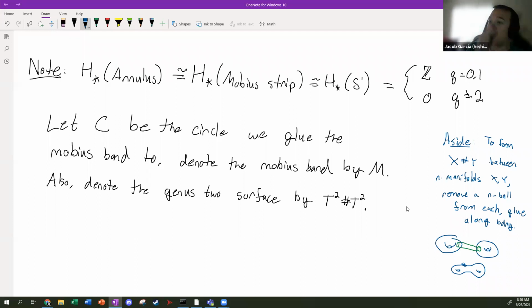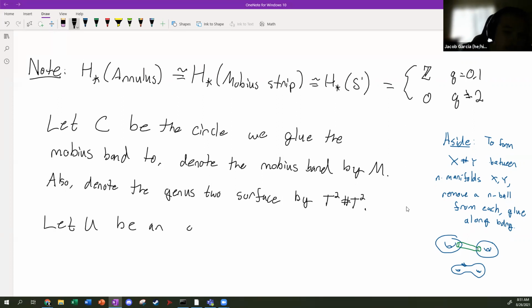Because if you stitch together two copies of RP2, you get something like 3 tori. So this is a pretty standard way to talk about surfaces of a particular genus, because the genus 2 surface is just 2 stitched copies of tori, and the genus 3 surface is just 3 stitched copies of tori, etc. Okay, cool.